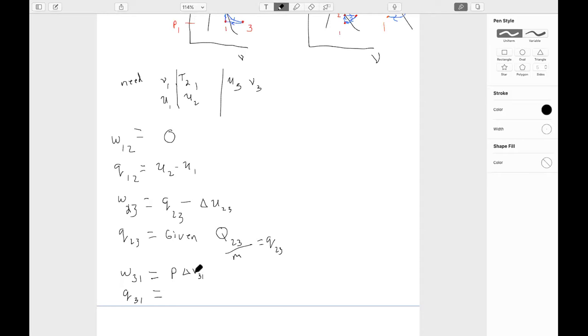Somebody rephrase that. Why am I using this form instead of saying, in the last example we did, we used the change in enthalpy minus the change in internal energy to get work? Why am I saying use P delta V this time? Because there's constant pressure. Well, the other one is constant pressure too, but you can use they're equal. Why is this the smart way to do it for this problem?